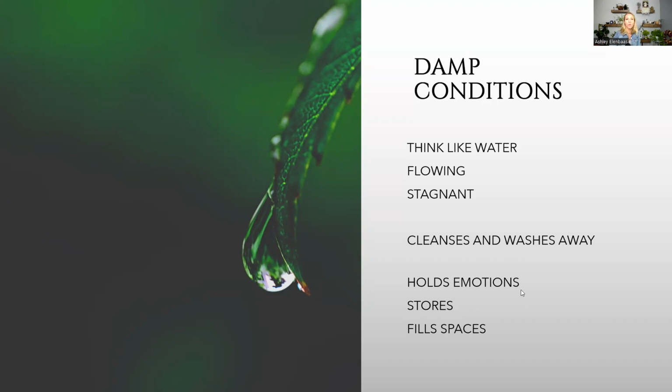So we want to think about this because water will tend to move as gravity does, and it'll tend to accumulate in the lowermost regions of the body. We can think about water accumulating in the ankles, like edema, or water settling like mucus in the lungs or in the sinuses. So we always want to think about how each element behaves, and that'll help us understand the best way to work with our plants.